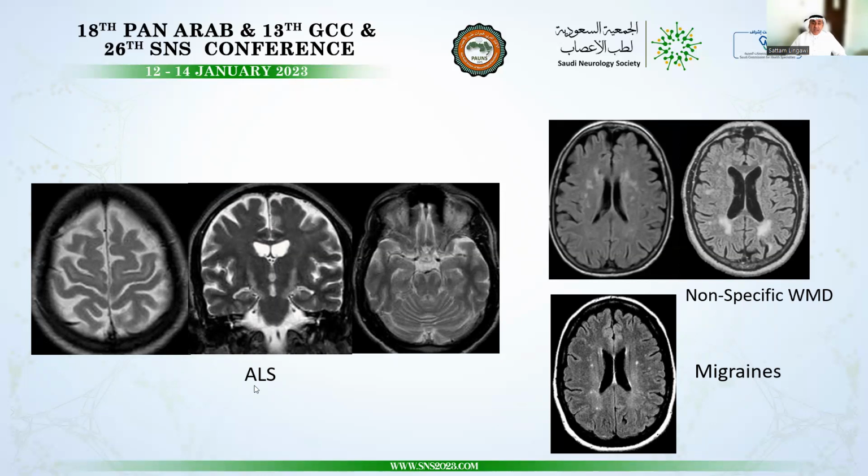ALS has a unique feature of involving the motor tracts of the motor cortex. This is the motor cortex, this is the central sulcus. So this is the primary motor cortex, and this is the primary sensory cortex.